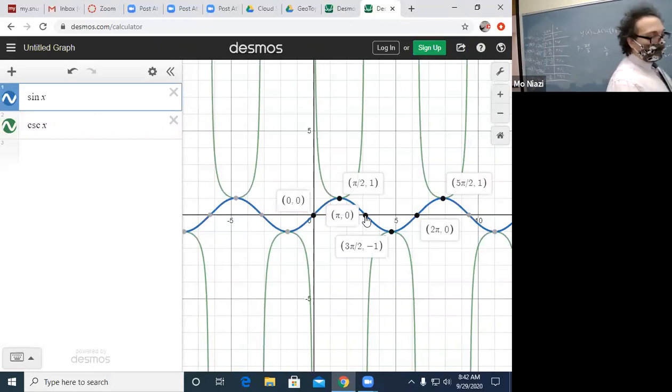So we notice that the green stuff here is at 1 and it goes all the way to positive infinity. And over here it's at -1 and it goes all the way to negative infinity. So in interval notation, we say that it can range from negative infinity all the way to -1, and it includes that point, so I put brackets.